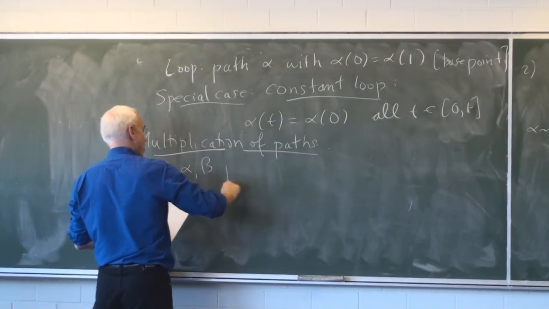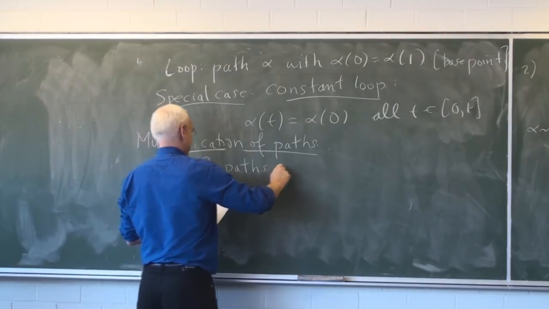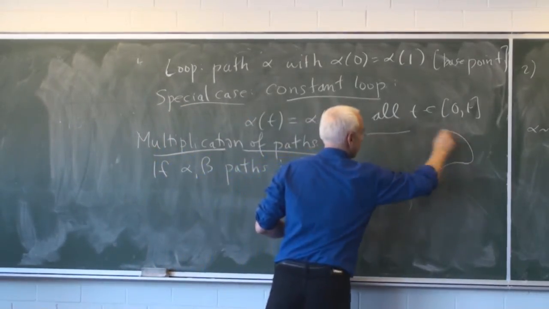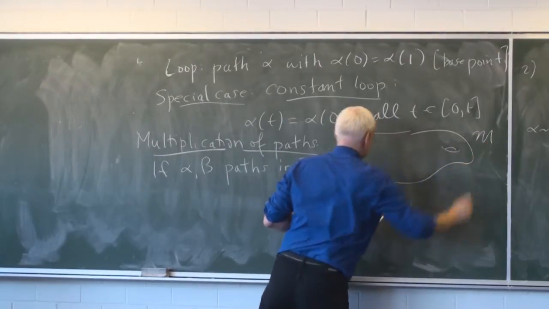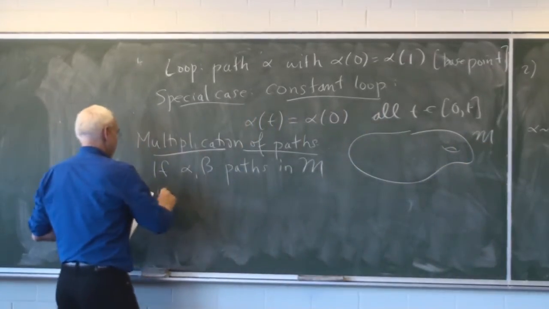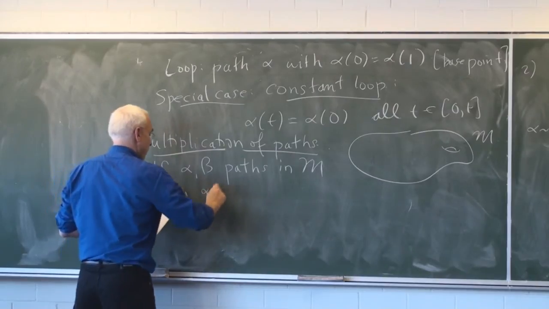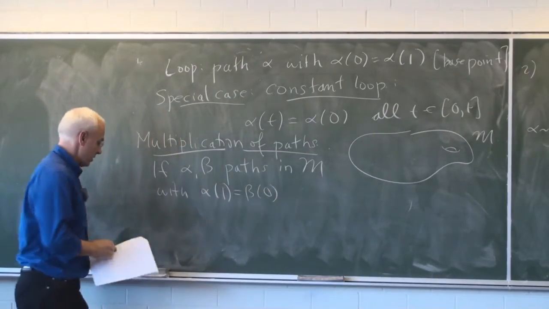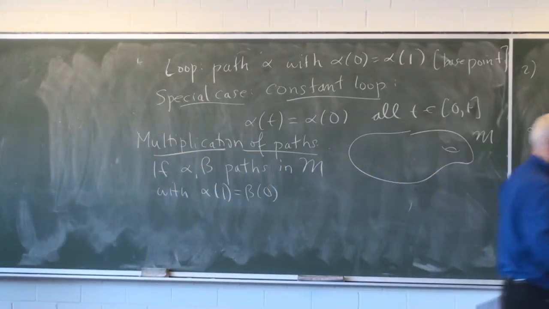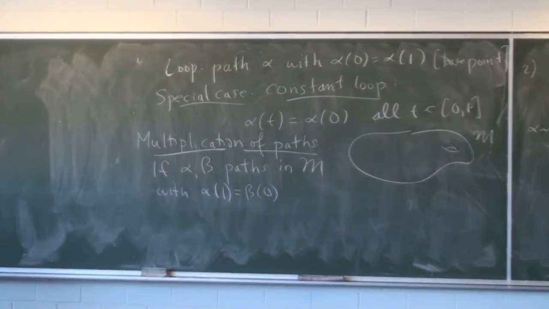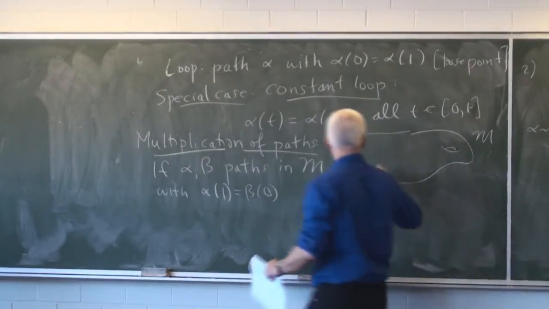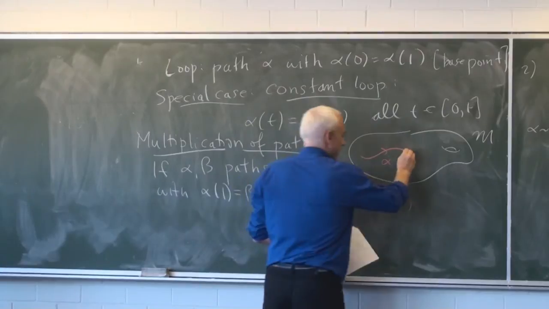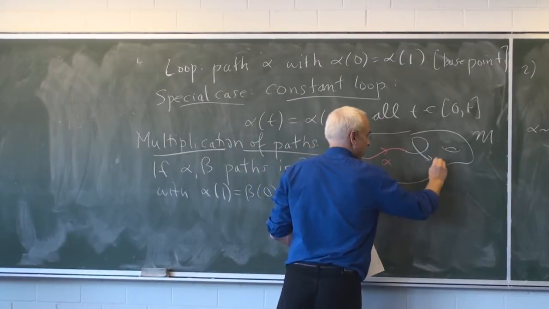So if alpha and beta are paths in M, a fixed surface, with the property that alpha of 1 equals beta of 0. So there's our path alpha, and then there's our path beta.